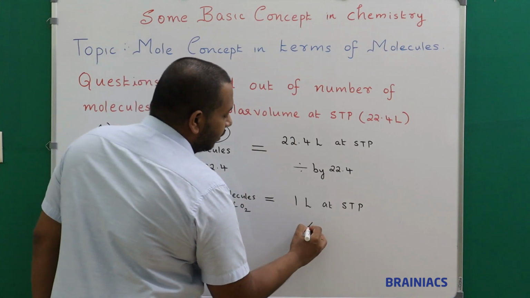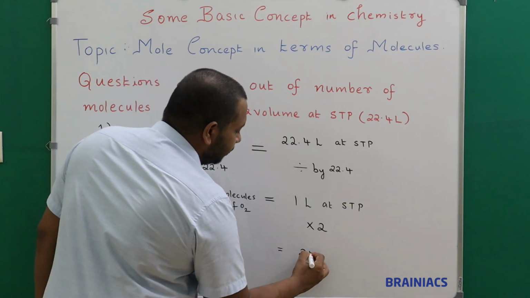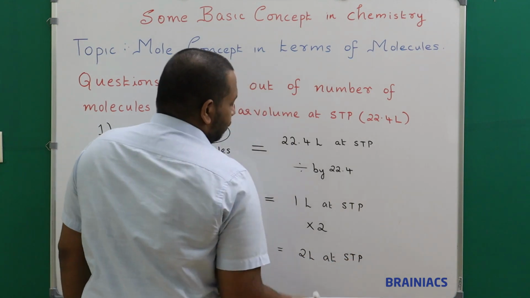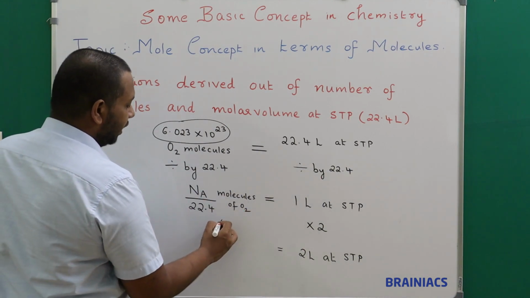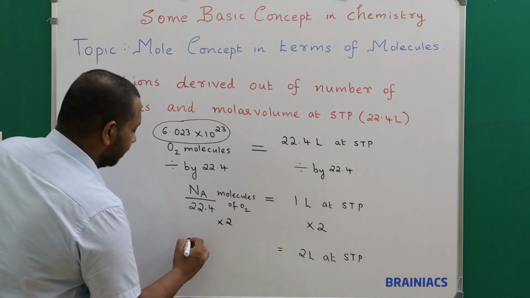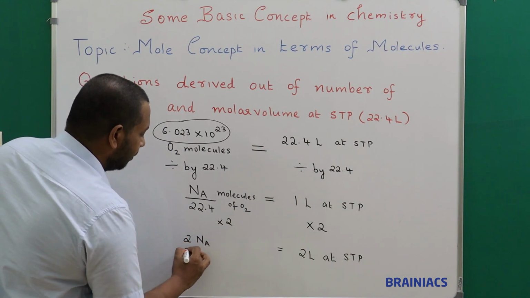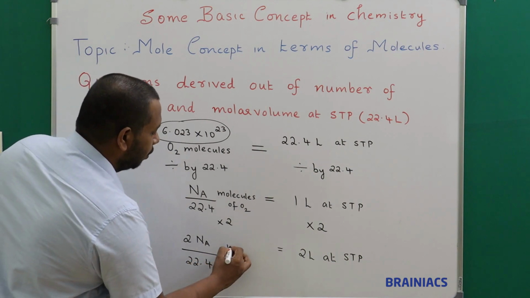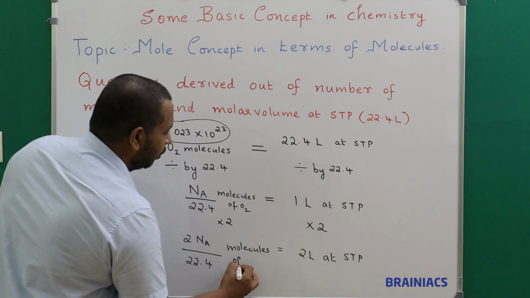So this will become 2 liter at STP. When you multiply on the RHS, also multiply the same thing on the LHS. So this will become 2Na by 22.4 molecules of O2.